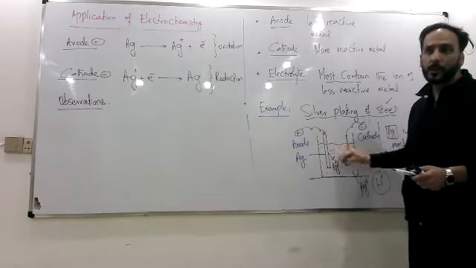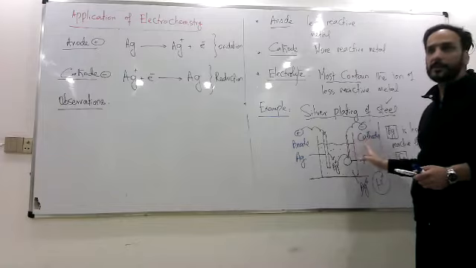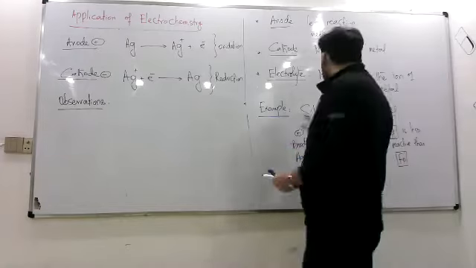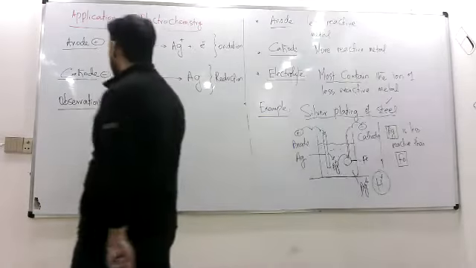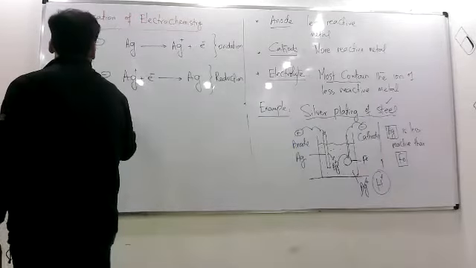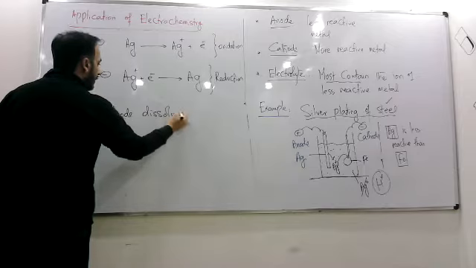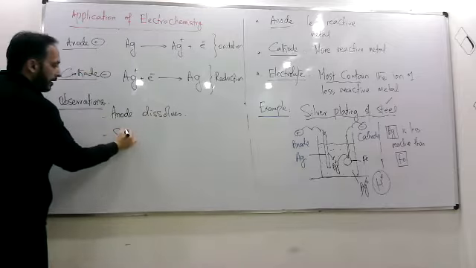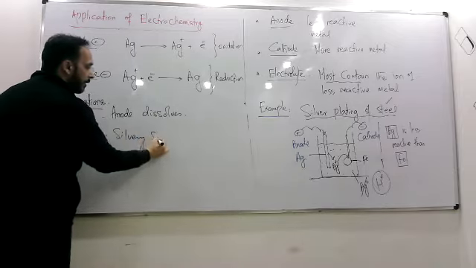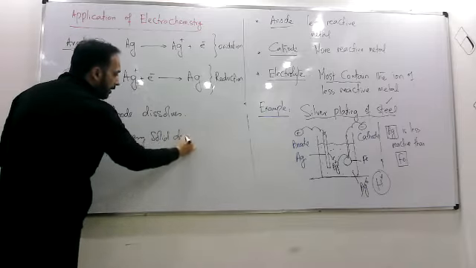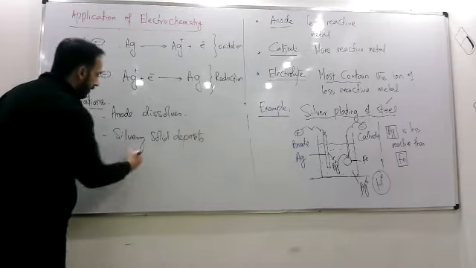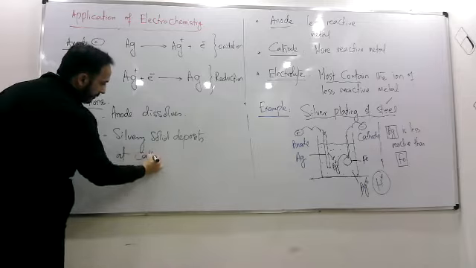It is dissolving in the solution and deposits at the steel spoon on that side. तो इसमें जो major observation है, it is like anode dissolves and silvery solid deposits at cathode.